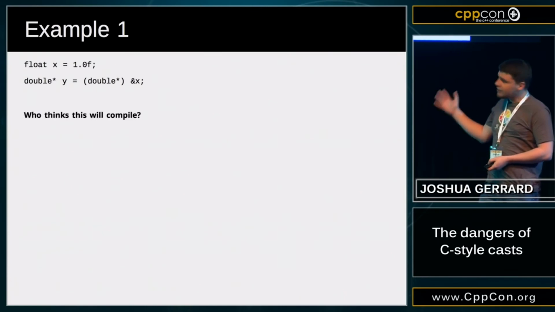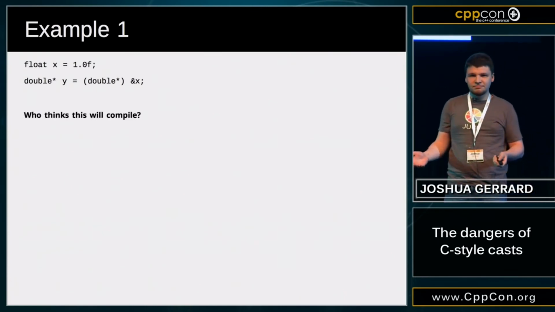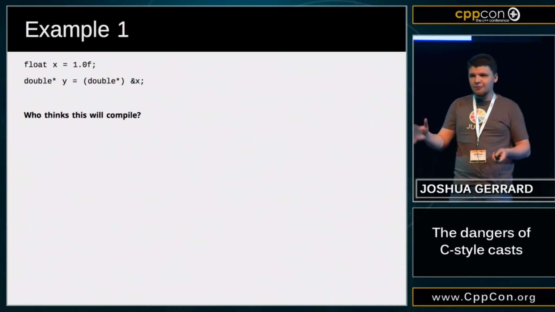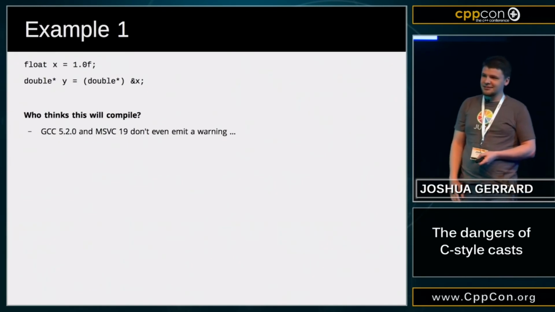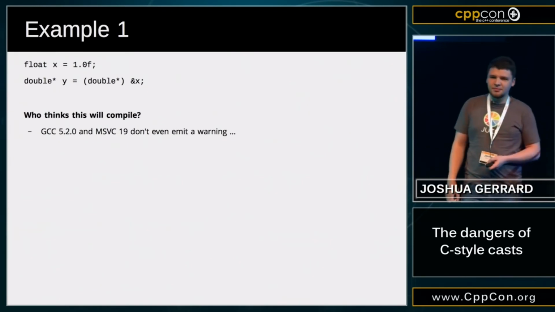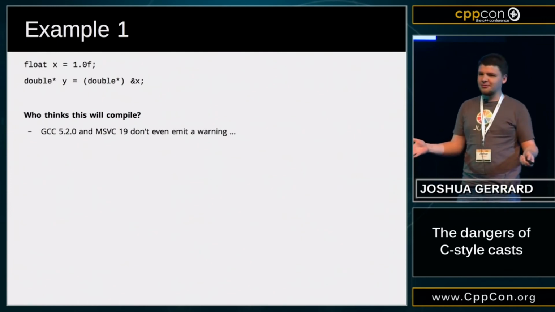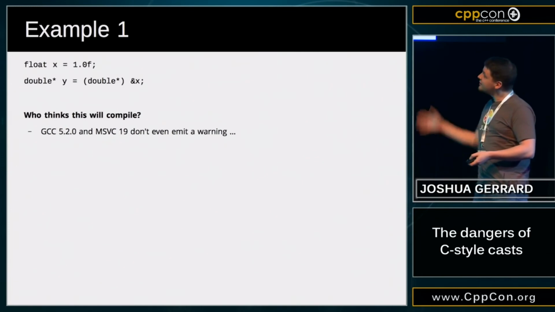Now, who thinks this will compile? About half of you. Okay, it will, and you won't even get a warning for it. But if you were to use the variable y, then you'd be into the wonderful land of undefined behavior. So we certainly do not want this. And this is down to the use of a C-style cast.